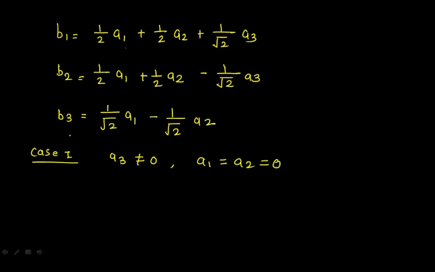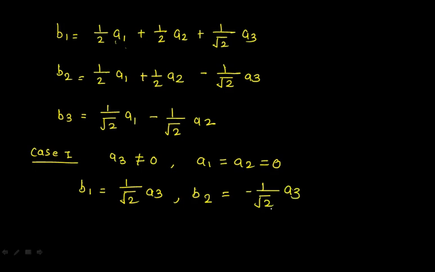So if you are giving something to port number 3, here A1 and A2 are 0, so this will become 0. And 1 by root 2 A3 will come. So the output of B1 will be 1 by root 2 A3 and the output of B2 will be minus 1 by root 2 A3.